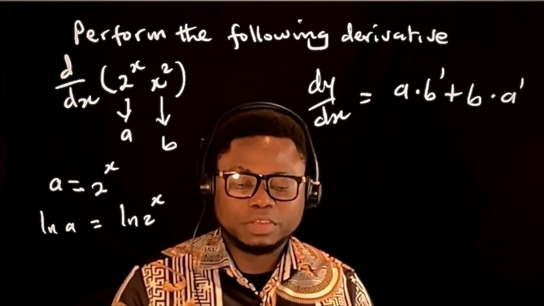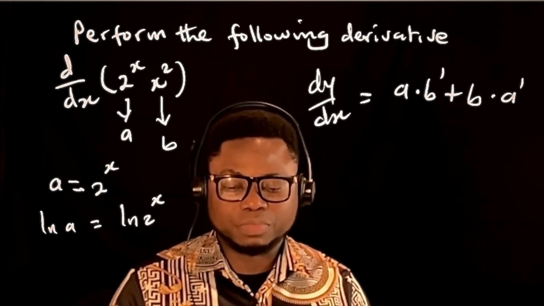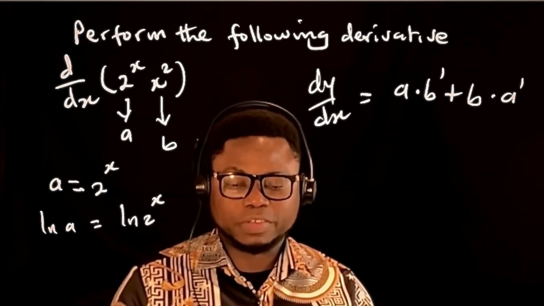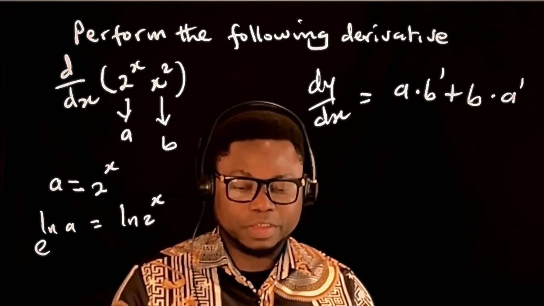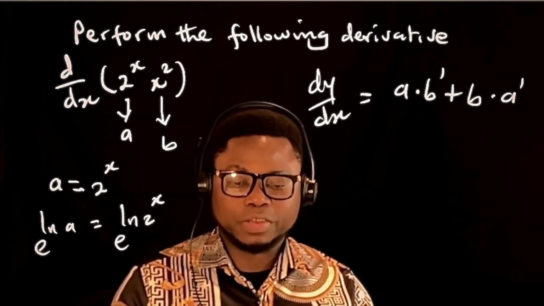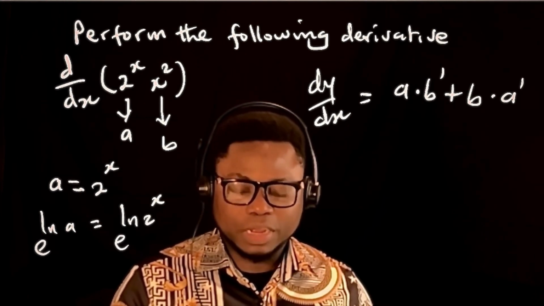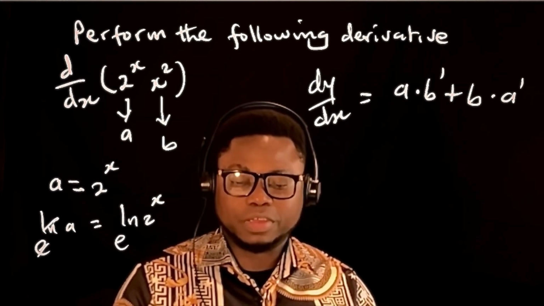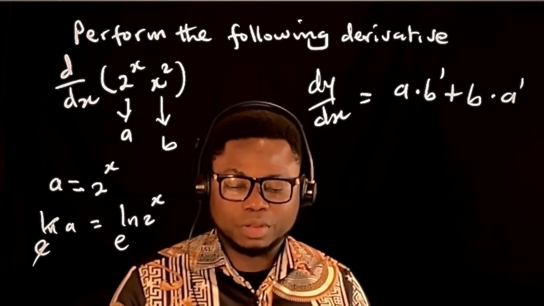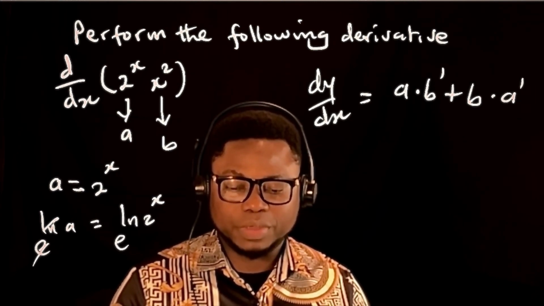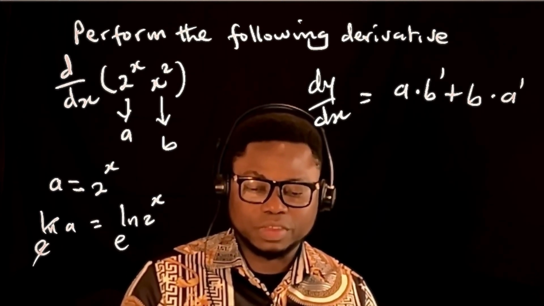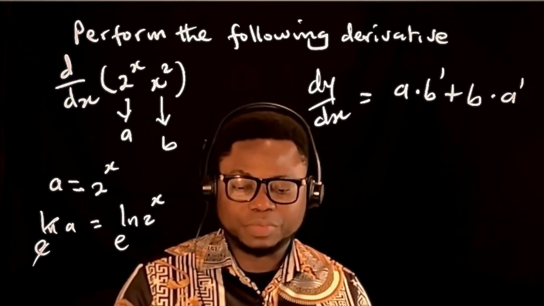So the next thing to do is to take the exponential, base e, of both sides again. So when I take e here, I'm going to take another e here. So you can see ln will actually cancel e. That is the law. When you have natural logarithm to base e, then ln and the exponent will cancel out.